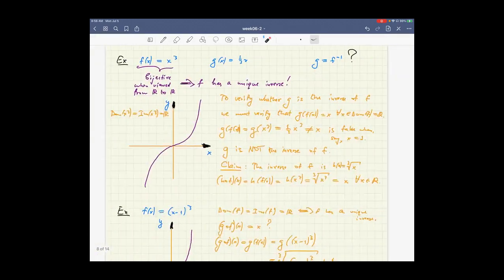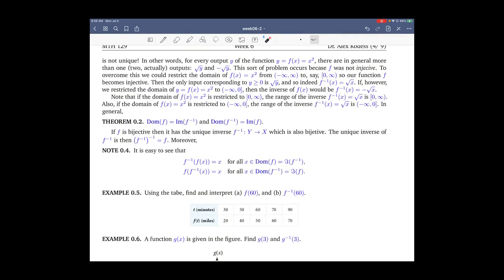And one more time, we already said it, there's a clear relationship between the domain and the image of a function and its inverse. Also, it's easy to see that whenever an inverse exists, we have these relations.